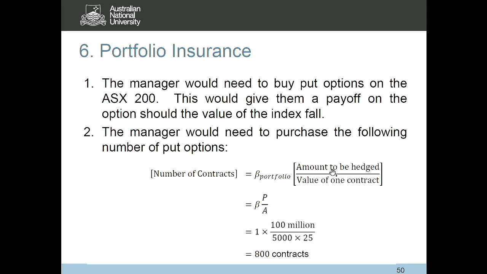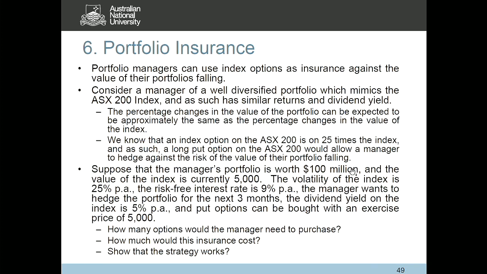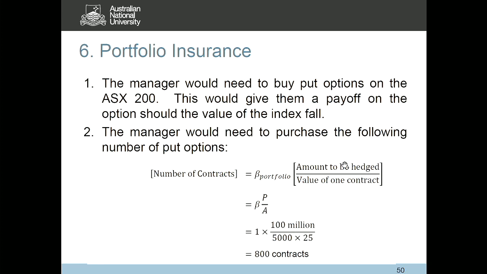So basically, you just ask yourself 2 questions. What is my exposure? In other words, what is the amount to be hedged? So you were told the amount needs to be hedged is 100 million, right? So in the numerator is 100 million. And then the second question you ask yourself is how much per contract is covering?